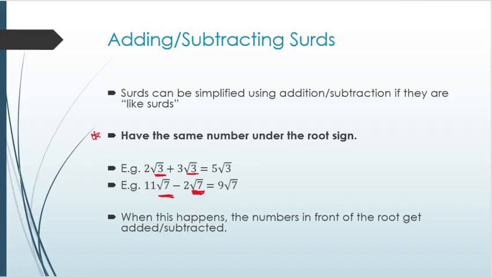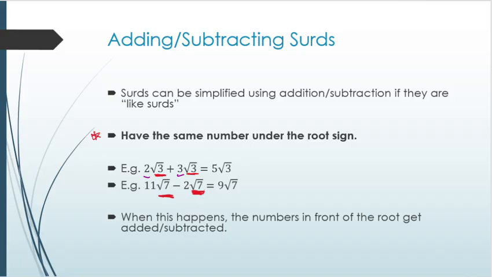Now, the number 3 inside the square root is the like surd in this case. So because they are like surds, you can actually just apply the operations for the numbers in front, which is 2 and 3 highlighted in the purple there. So you just read it out as 2 plus 3, which ends up being 5, and then you have 5 root 3 being your answer.